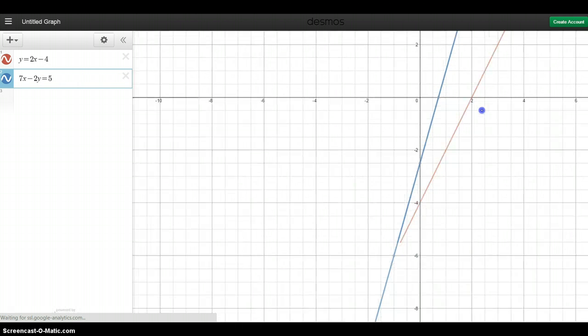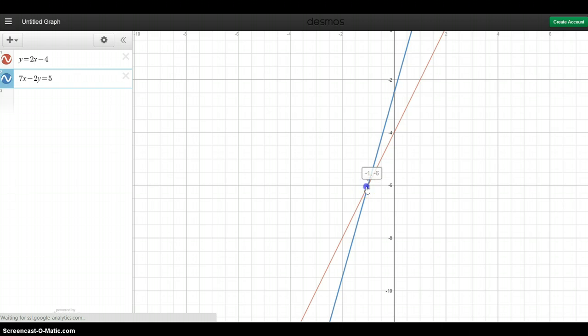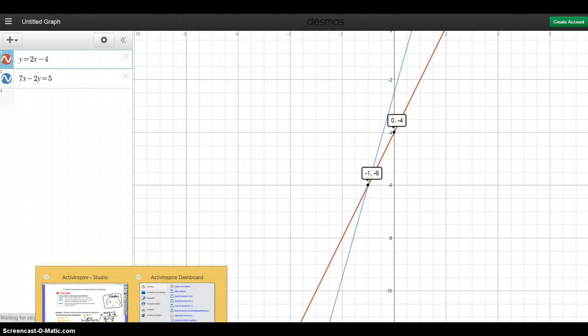So if I look on this graph for the point of intersection, looky there. The point at which these two graphs intersect, ignore that 0, 4, is negative 1, negative 6.